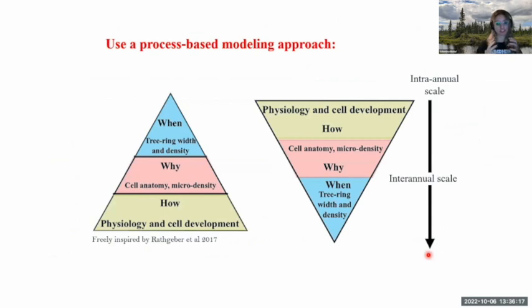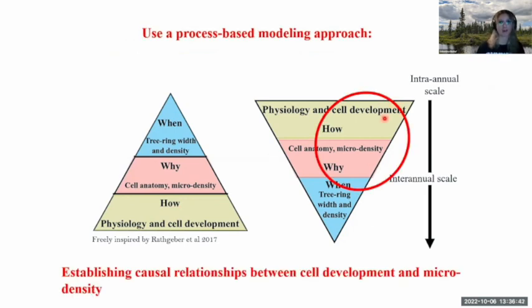Then here's the thing. What I'm trying to do is convince people that maybe, instead of looking at a tree ring and thinking about cell anatomy as a consequence of the tree ring, and then, at the bottom of the scale, thinking about physiology when we don't know how to explain tree growth, I would like to switch the pyramid and make people think about the fact that physiology and cell development are the basis of how a tree grows, and then use a process-based modeling approach to study tree growth.